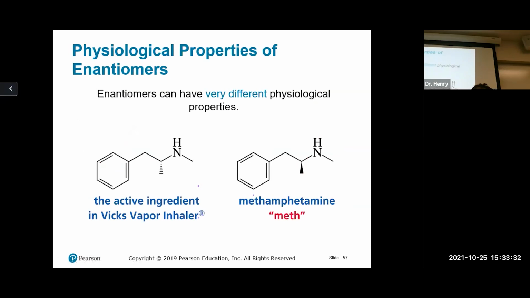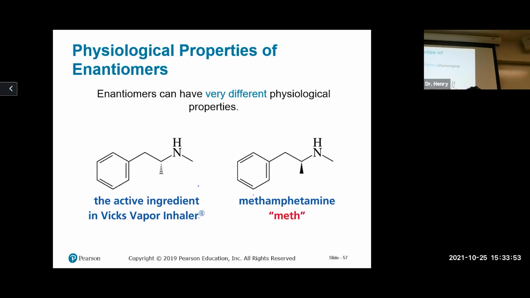Okay, so meth and the ingredient that is in the Vicks vapor inhaler, right? These guys are enantiomers of each other. This is meth. This is the ingredient in the Vicks vapor inhaler.